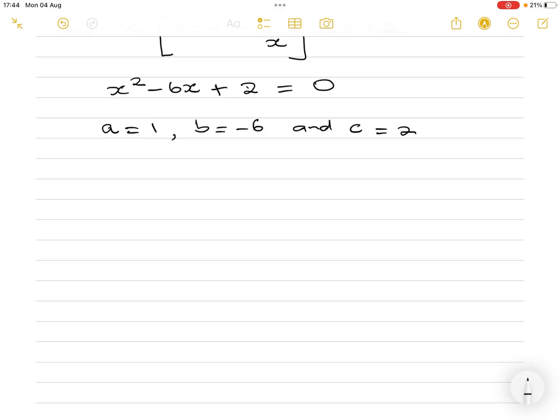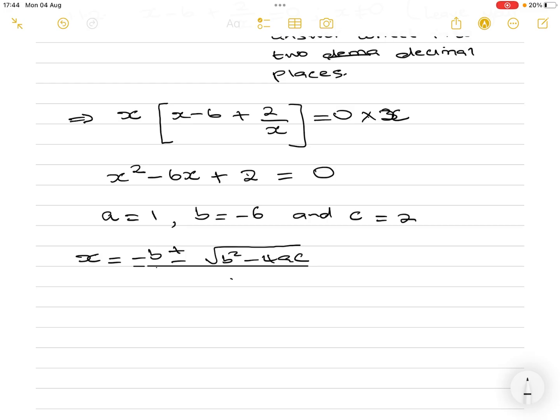I go to my formula sheet. This formula will be provided to you, so you don't even have to memorize it. The quadratic formula, which is x is equal to minus b plus or minus the square root of b squared minus 4ac, divided by 2a.